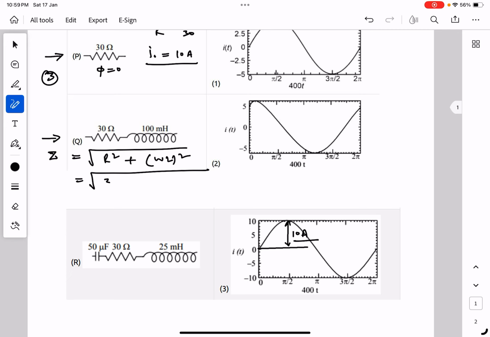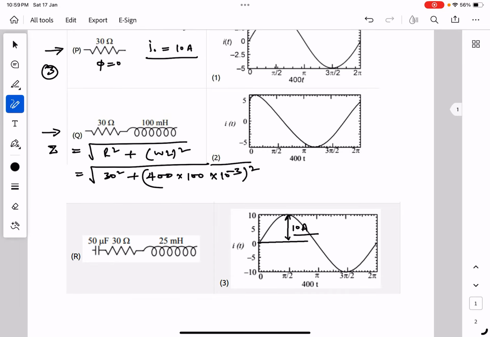R is 30, omega is 400, inductance is 100 millihenry, so this is equal to root of 30 square plus 40 square. So Z is equal to 50 ohm.